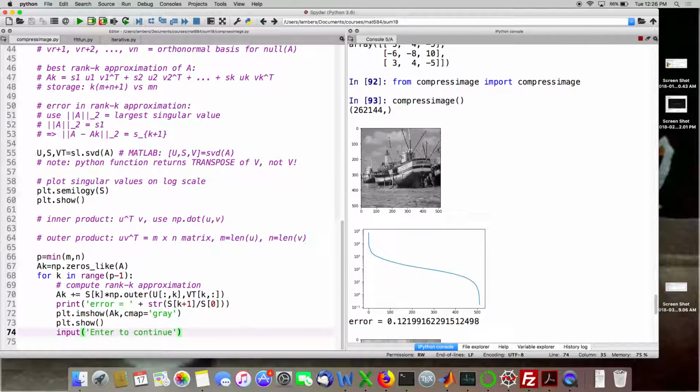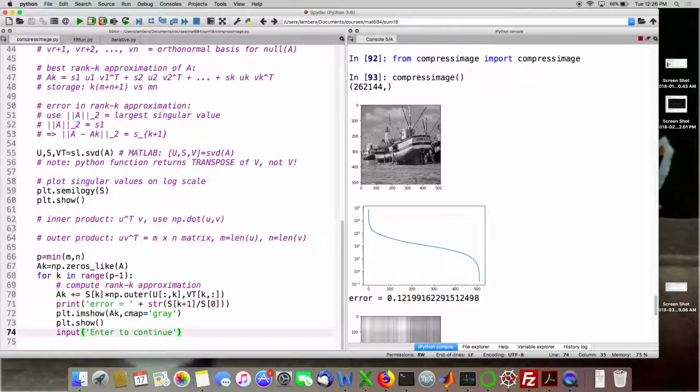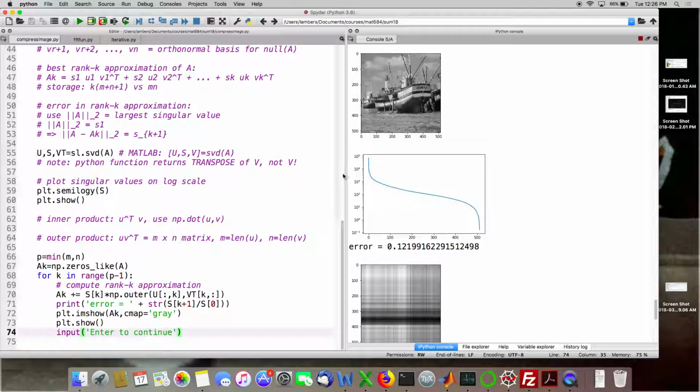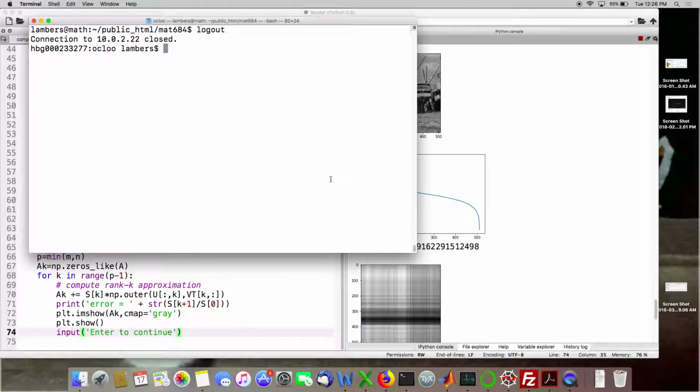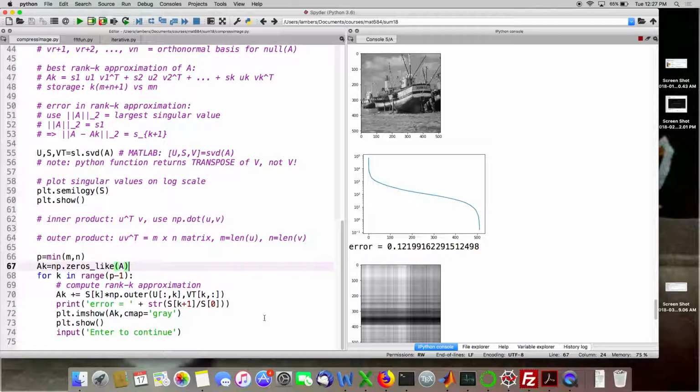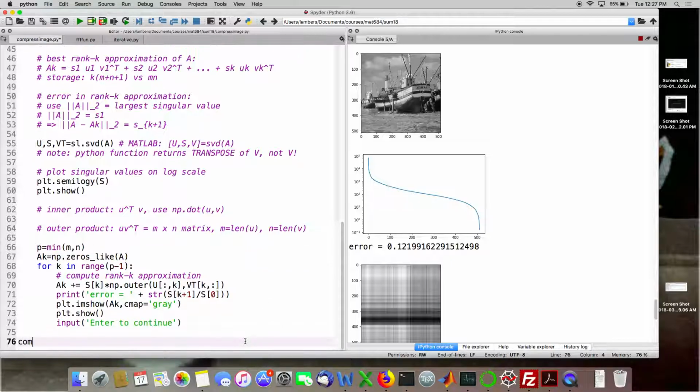So here is the original image, and here are the singular values. I wish this was bigger. It kind of bugs me. I wonder if it'll be better if I run it out here. Oh, all right, I need to put an extra line here.